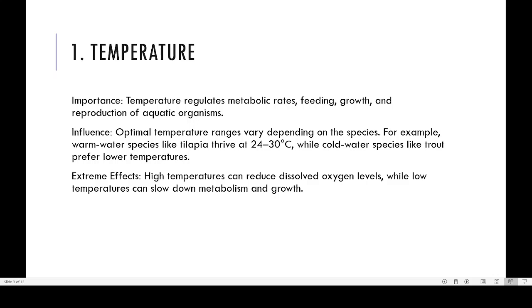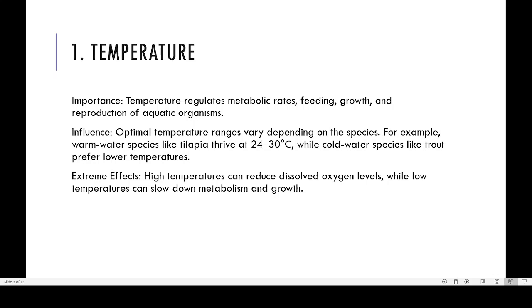So temperature has to be at an optimum or ideal level. Now the optimal temperature range varies depending on the species. For example, for carp there will be an ideal temperature, for tilapia the temperature requirement may be different, and for Etroplus, the temperature may again vary.